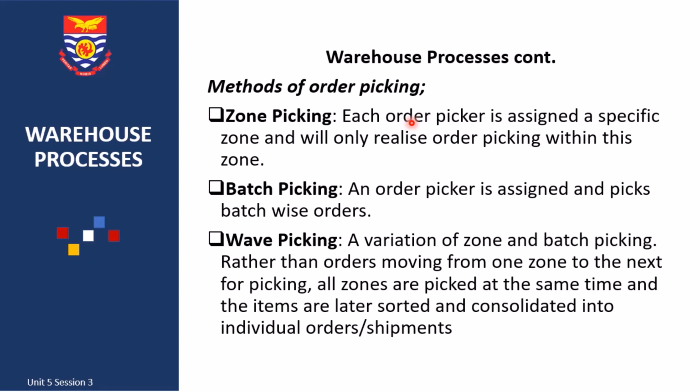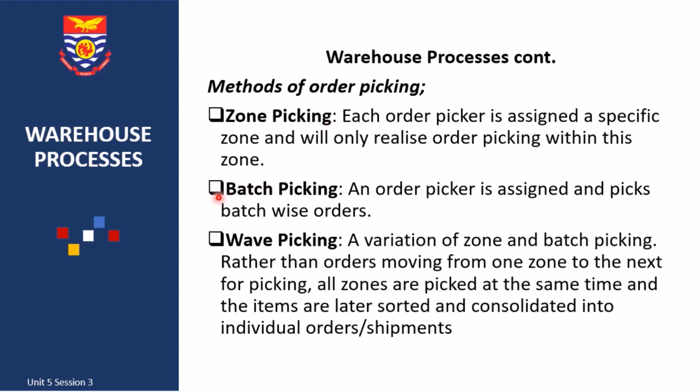When customer orders are received, with zone picking, maybe we position people at groceries, we position people at stationery, we position people at various destinations, so that the person at the zone is only required to pick items that are found on the customer orders and found in their zone. So maybe the customer requires several line items. With zone picking, if you are a zone picker, you are only required to pick the ones that are found in your zone, no more, no less.